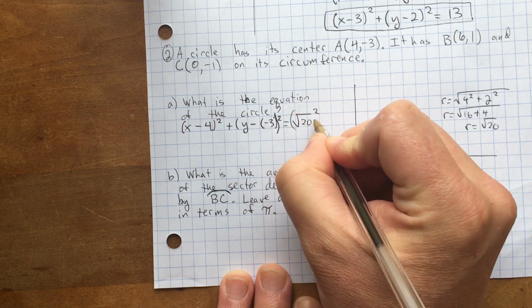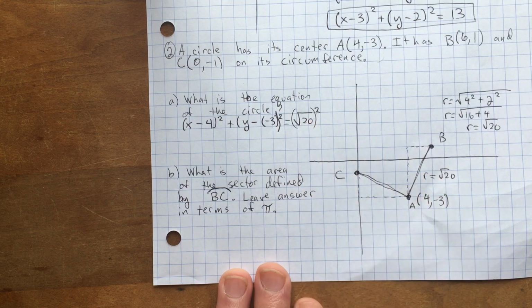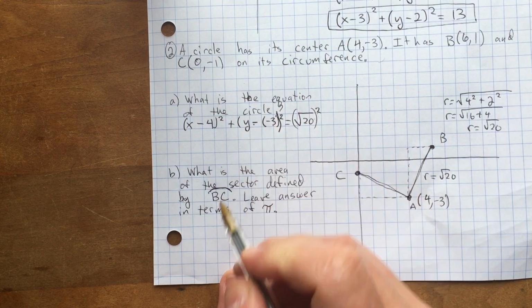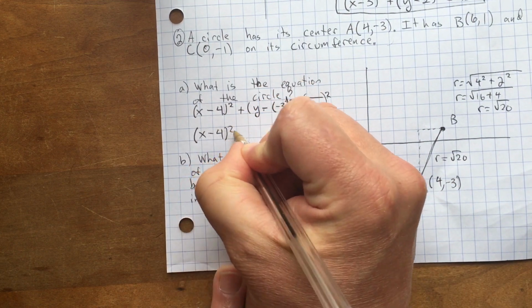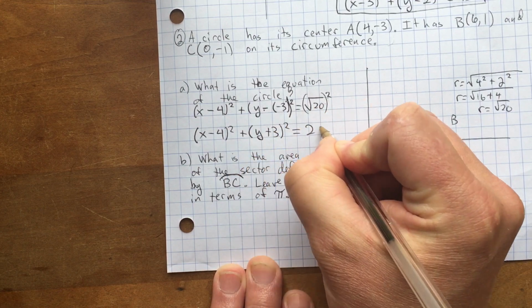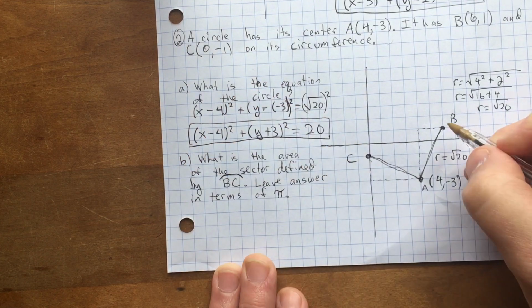And the radius is the square root of 20. And again, just like before, when I square a square root, it cancels that out. And remember that subtracting a negative number, it's just addition. So I could write this a little bit better and write x minus 4 squared plus y plus 3 squared equals 20. That is the equation that defines this circle.